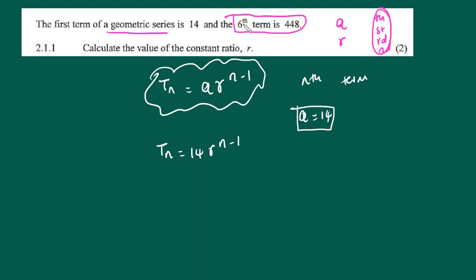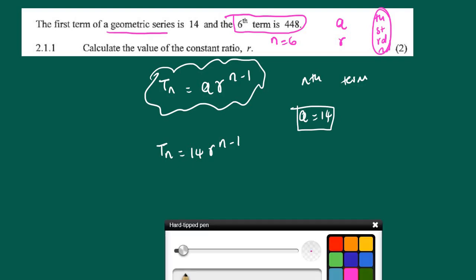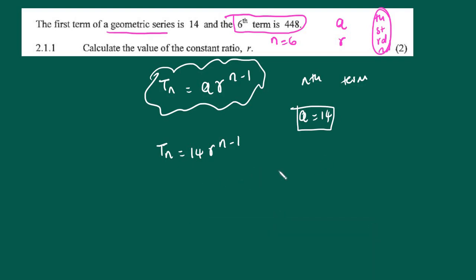Since here we are given the position, that means you are given n. It means your n is 6, but what you are given is that the sixth term is 448, which means T6 equals 448. If you can remember that. If I say to you the sixth term is 448, then that is what I mean.